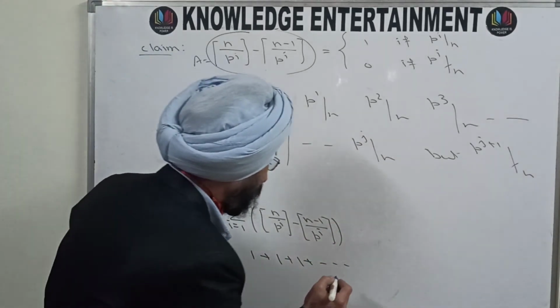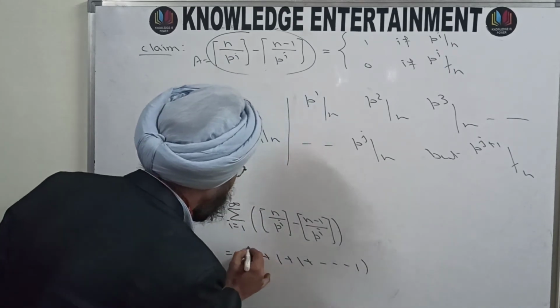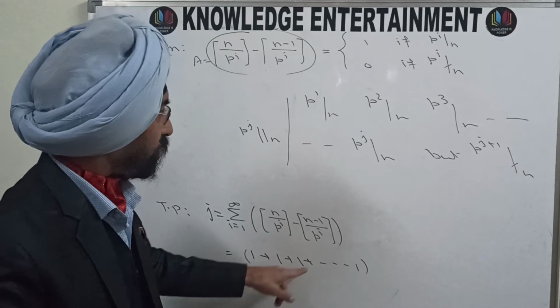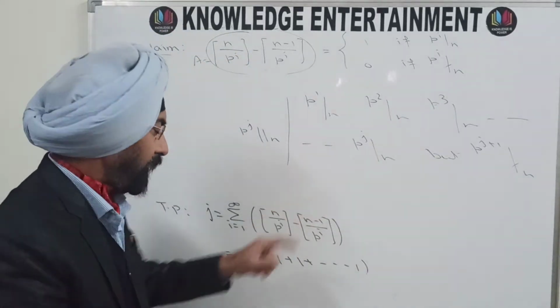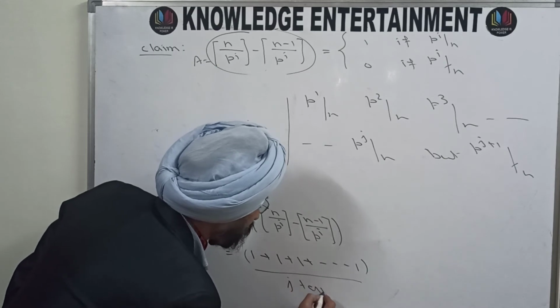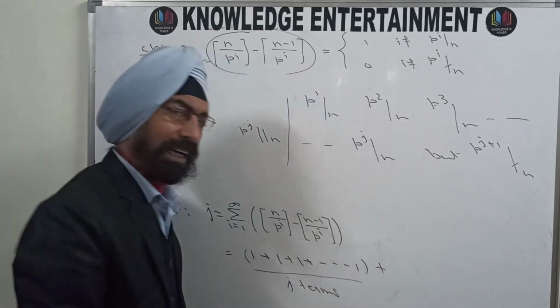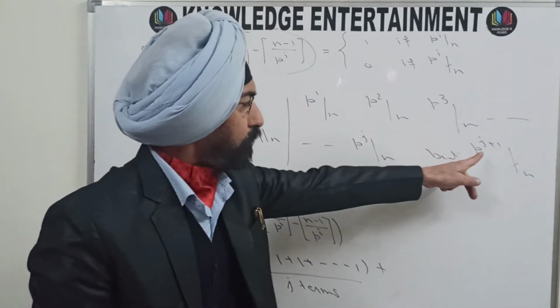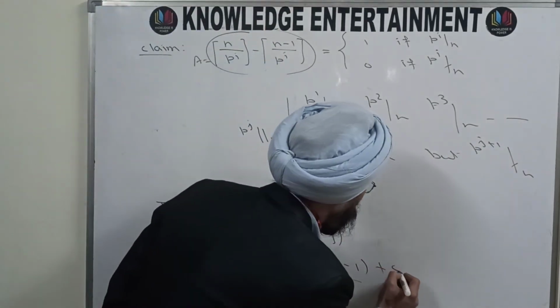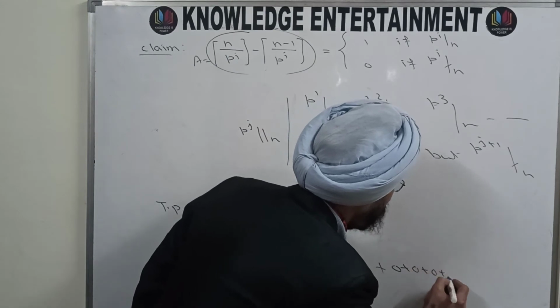You will once again get 1. So how many ones are there? This is 1 for p^1, this is for p squared, this is for p cube, and this one is for p^j. So these are a total of j ones. So j terms are here. And after that, p^(j+1): now p^(j+1) does not divide n, so this term will become 0. And afterwards every term will become 0.